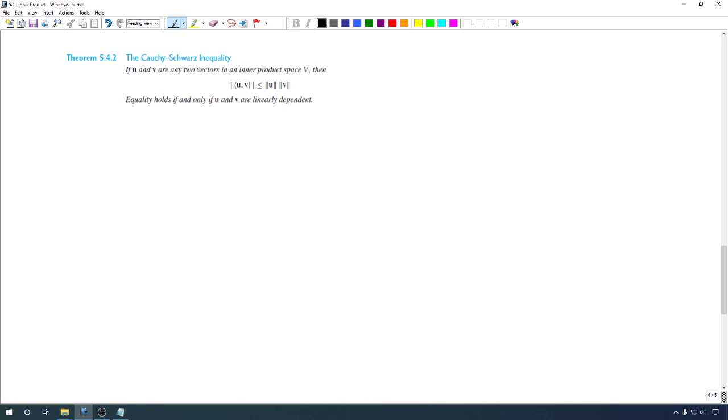We're going to make use of this one pretty well, and it's actually a pretty important inequality itself, called the Cauchy-Schwarz inequality. If two vectors u and v are in the inner product space V, then the inner product of u and v, or at least the absolute value of that, is less than or equal to the product of the norms of u and v.